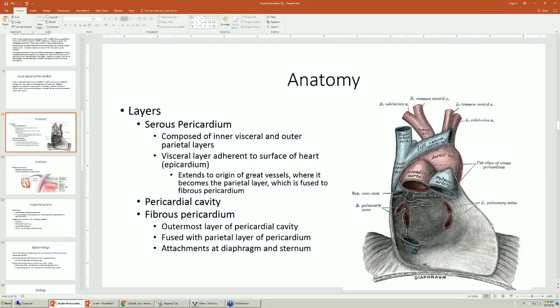And we see that all the time on echocardiogram, where there's physiological fluid that's present between the layers of the pericardium. And then there's a fibrous pericardium, which is a little tougher, and it's the outermost layer of the pericardial cavity, fused with the parietal layer of the pericardium and attaches to the diaphragm and sternum. And so that's how the heart is attached.